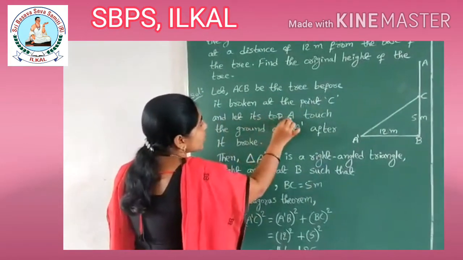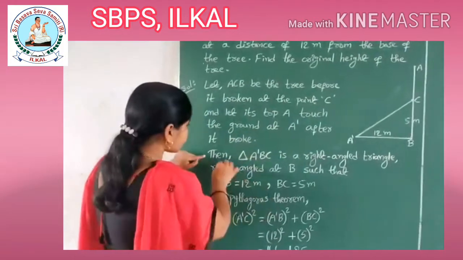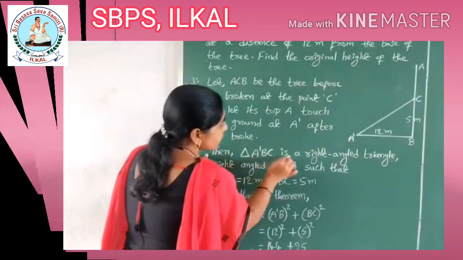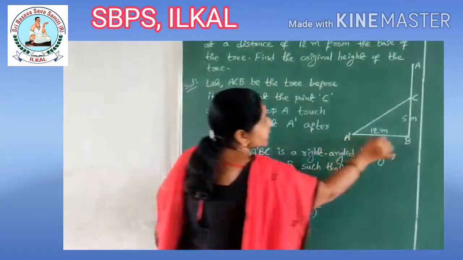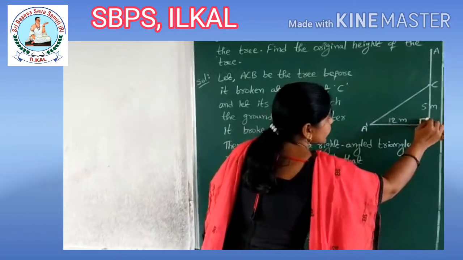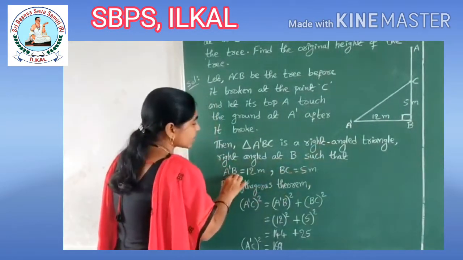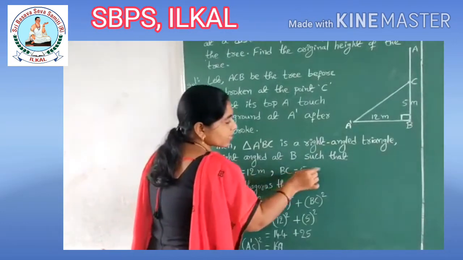And let its top A touch the ground at A dash after it is broken. Then triangle A dash BC is a right angled triangle, right angle at B, such that A dash B is equal to 12 meter and BC is equal to 5 meter.